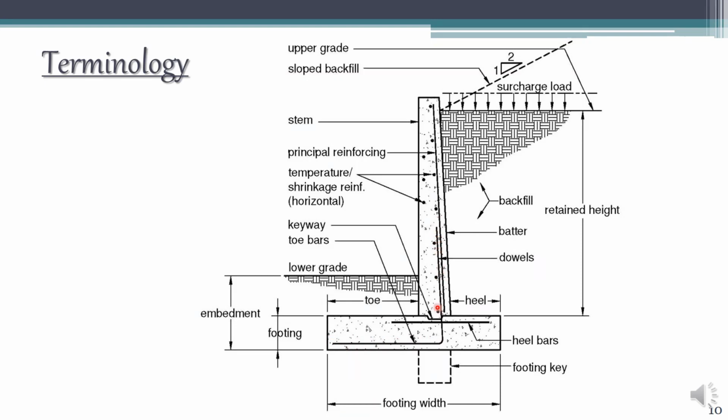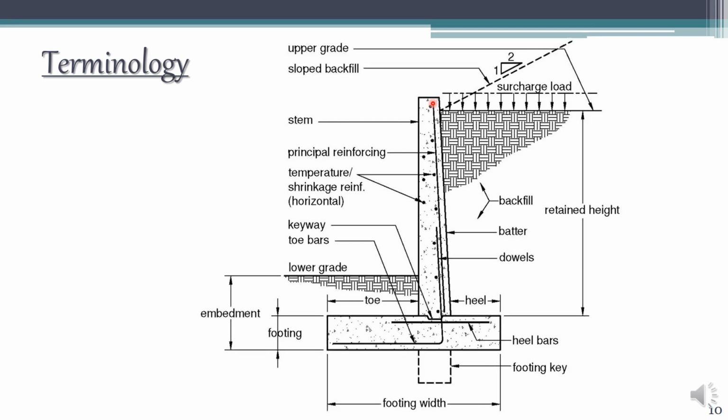Then we have heel bars, and then we have the reinforcements on the stem. The reinforcements of the stem are basically vertical reinforcement, which are primary reinforcements designed against bending, and there are also some horizontal temperature or shrinkage reinforcements. These are provided for protection against cracks due to temperature and shrinkage effects.